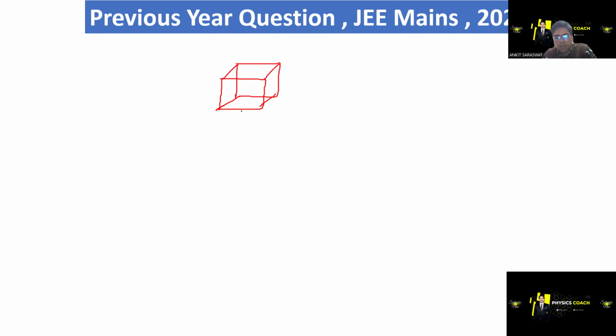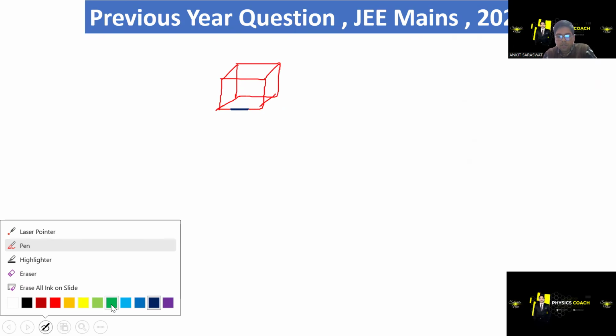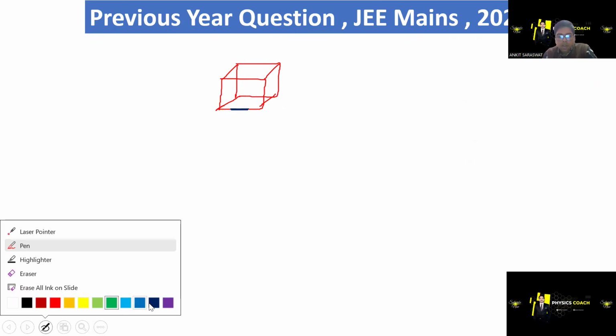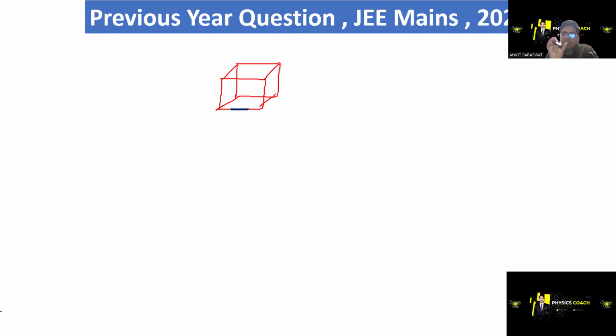Our charge is here, the linear charge density. Now symmetry: we have to see the symmetry around this distribution of charge. I will make the symmetry in such a way that the charge is inside the closed surface.